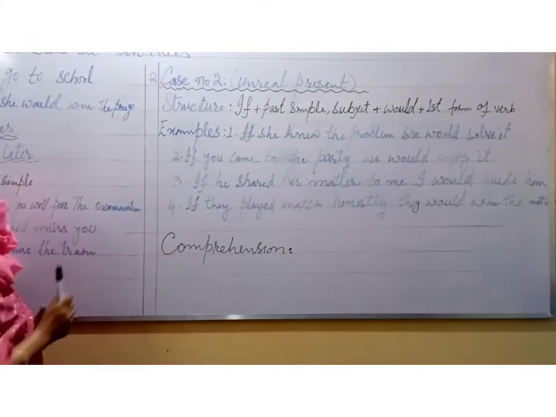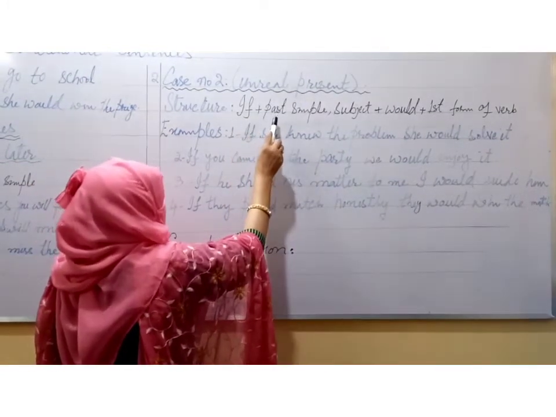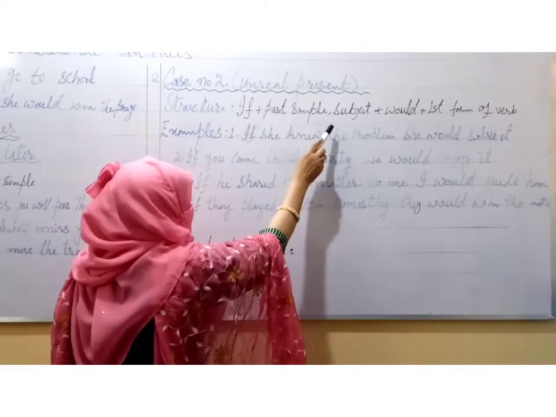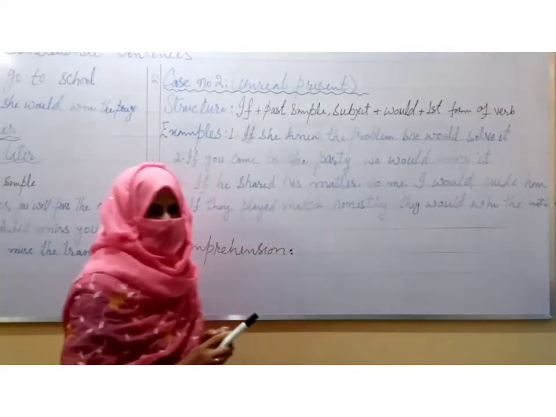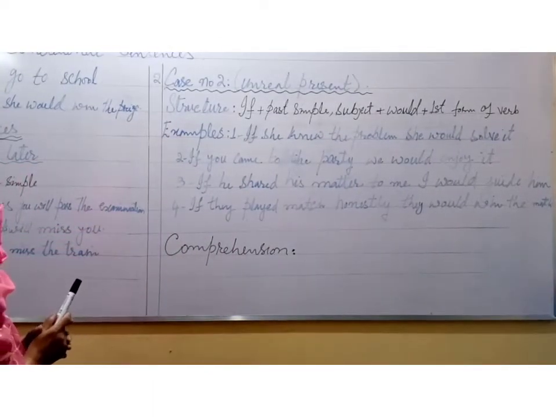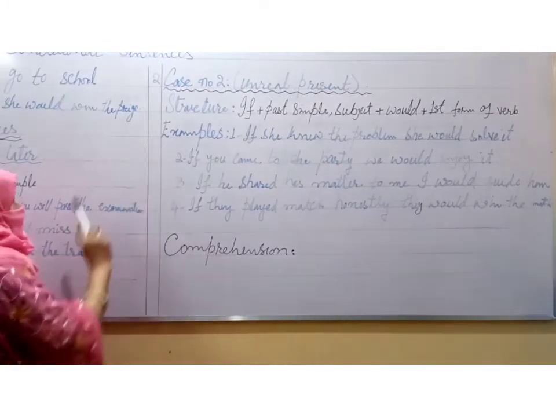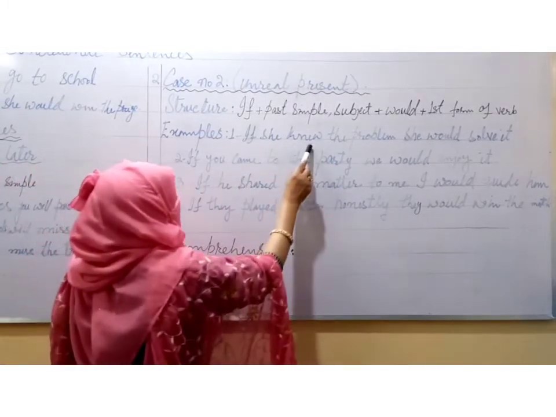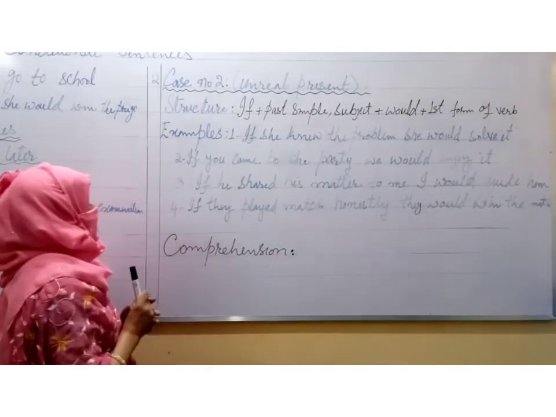Okay? Let's move towards case number 2, unreal present. Look at the structure of case number 2. If, then past simple, subject, would, first form of verb. This is the structure of unreal present sentences. Look at examples. If she knew the problem, she would solve it.